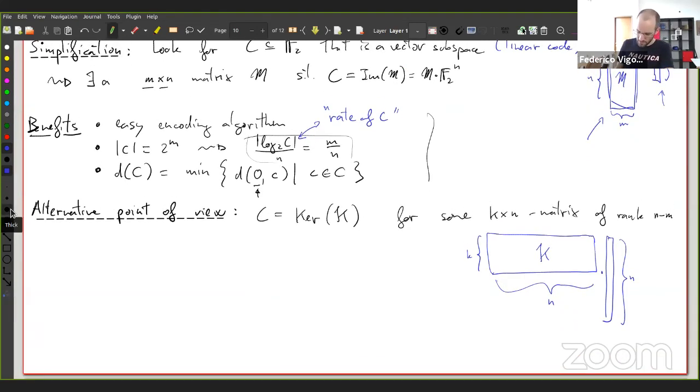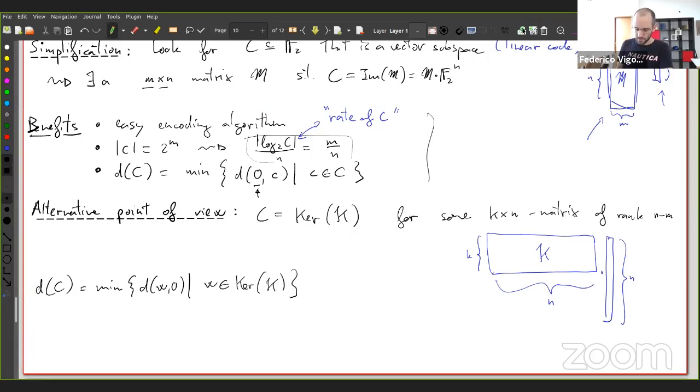And if we take this point of view, then we see that the distance of the code C, let me write it again, is equal to the minimum of the distance of w and 0, where w belongs to the kernel of K and is not 0.